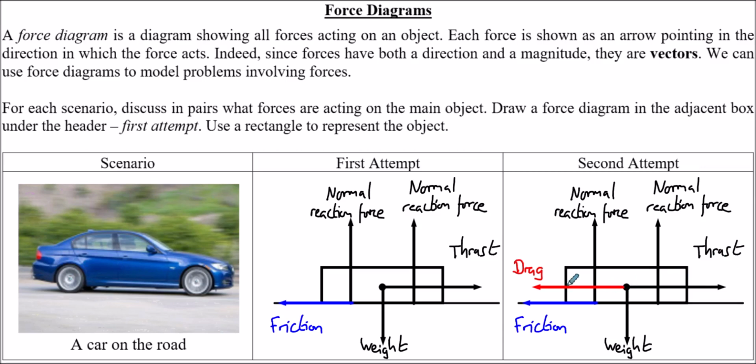But again, the drag and the friction, because they're acting in the same direction, for some questions and context, we can consider that lumped into one force, just called a constant resistive force, for example. So here, I just wanted you to brainstorm all possible forces, but just bear in mind sometimes we can model questions and situations as being even simpler from what we've done here. So it's not always as bad or as complicated as what it might sometimes appear.